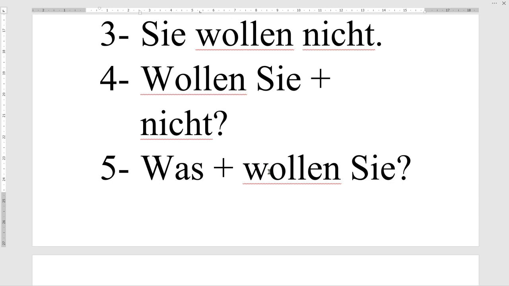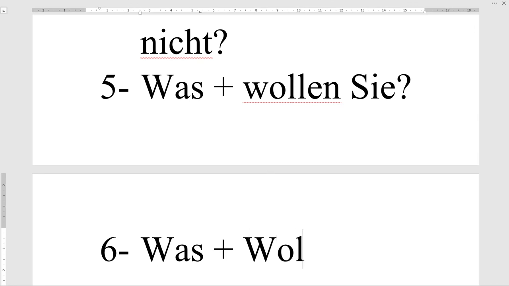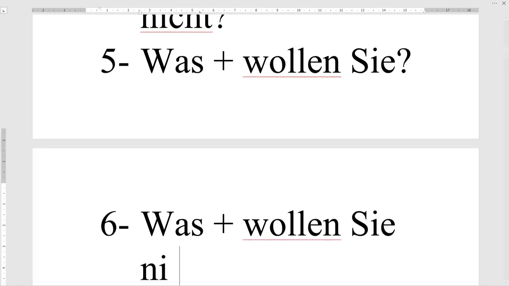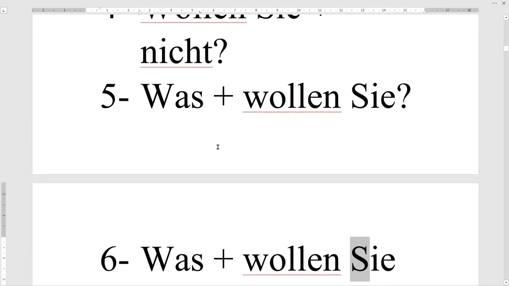Sentence number 6, as you might have guessed, is was wollen Sie nicht? Basically the above sentence plus nicht. You may ask yourself why I have used this Sie with the capital S everywhere within these sentences, no matter where it is.